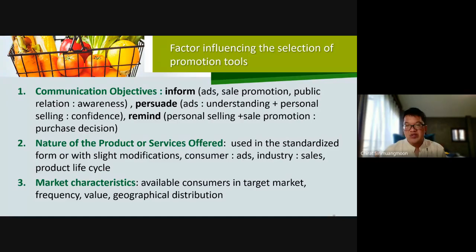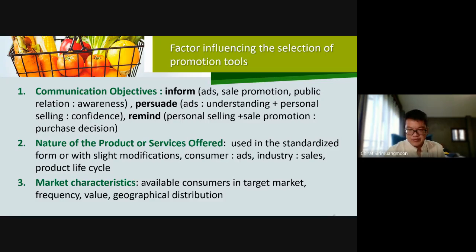Like if I want to sell canned fish, it should be the same quality, right? But for slight modification, you personalize or produce for a specific group of people. So you need to think about which promotion tools are suitable.